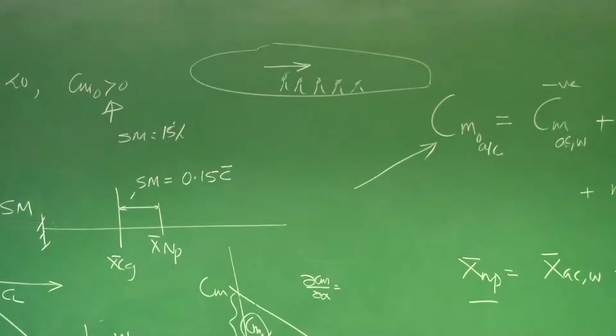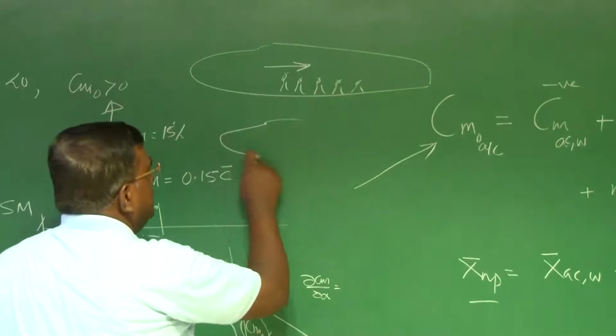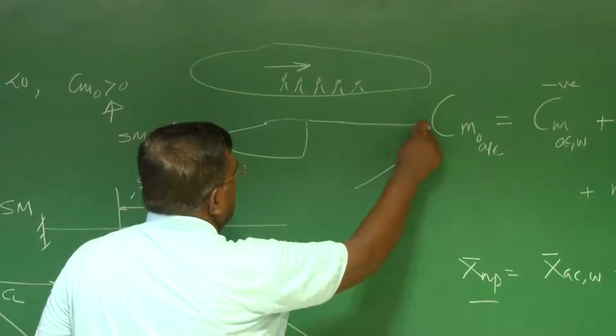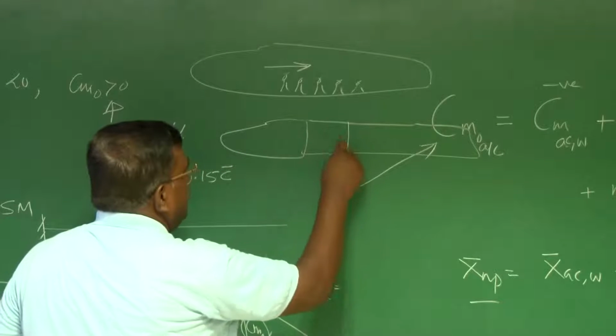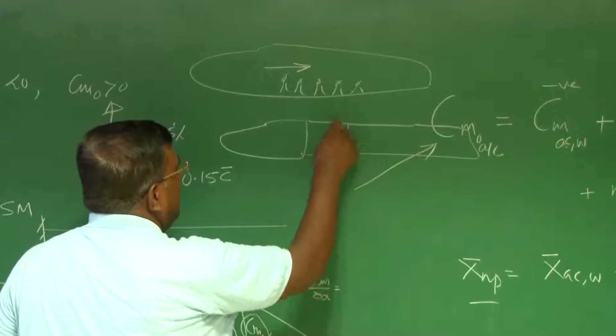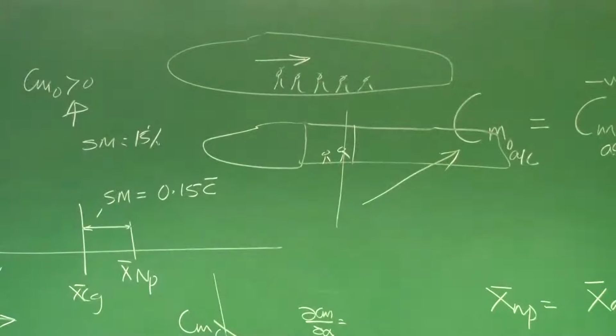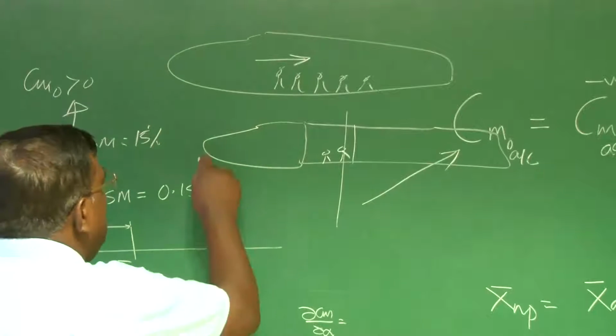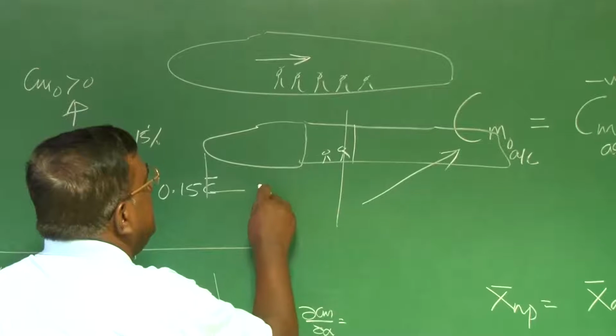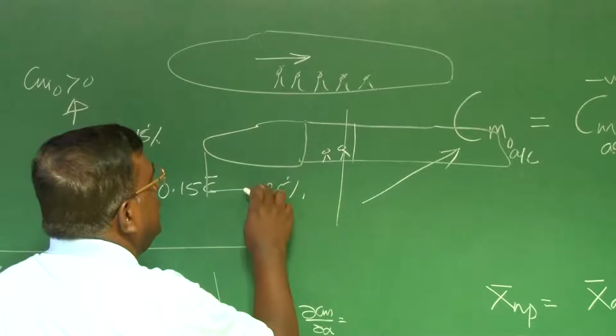But if you see an aircraft like your Cessna 206, where most of the passengers are confined here, this portion is much emptier. So there, you won't be surprised if this CG is around 25% of the total length.